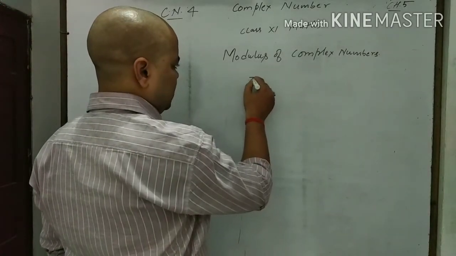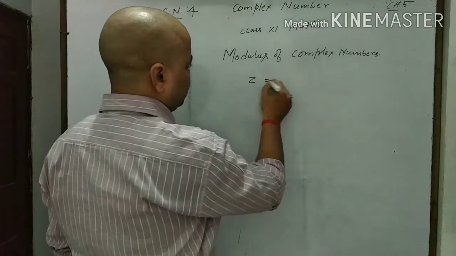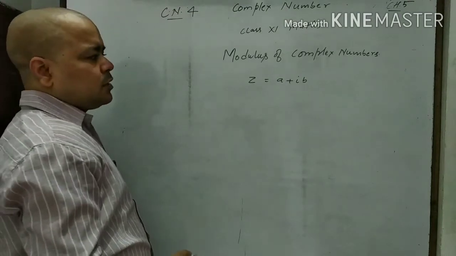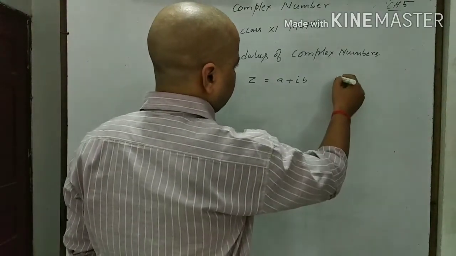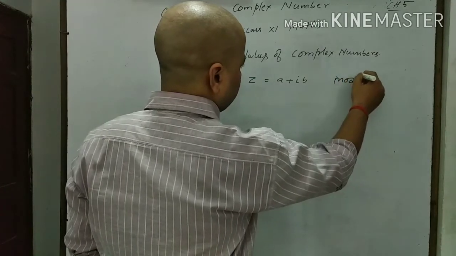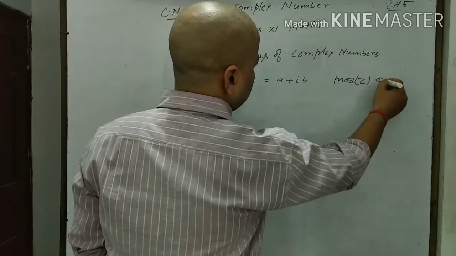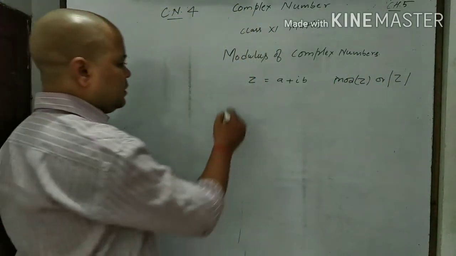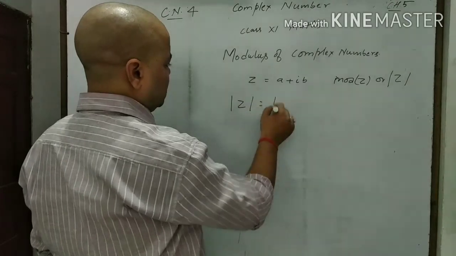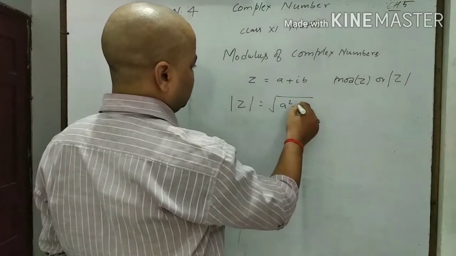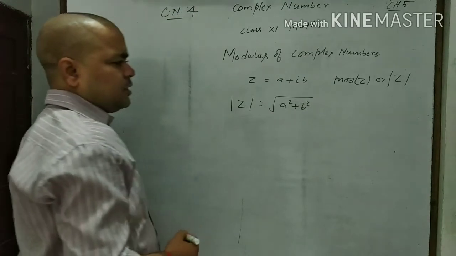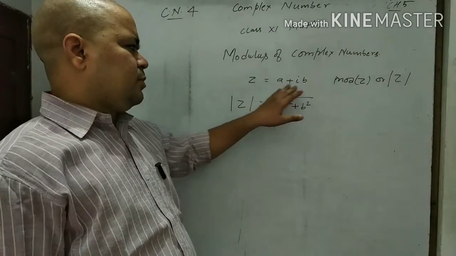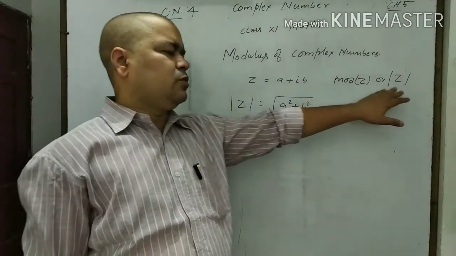If we have any complex number z, that is a plus ib, then the modulus of the complex number is represented by mod z or modulus z, and modulus of z is equal to square root of a square plus b square.